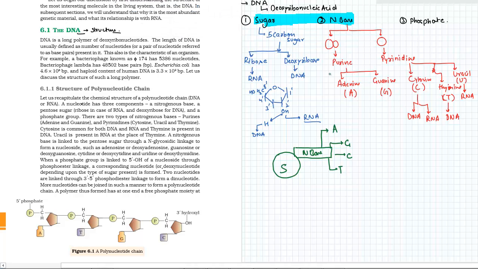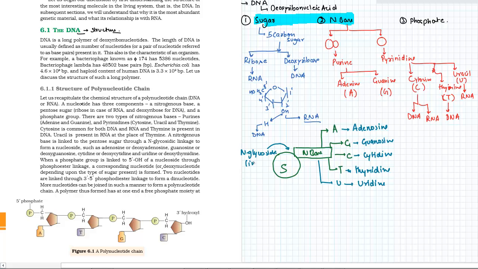For adenine it becomes adenosine, if it is bonded with guanine it becomes guanosine, with cytosine it becomes cytidine, with thymine it becomes thymidine, and the one remaining, with uracil, becomes uridine. The bond by which it is bonded is known as the N-glycosidic linkage.